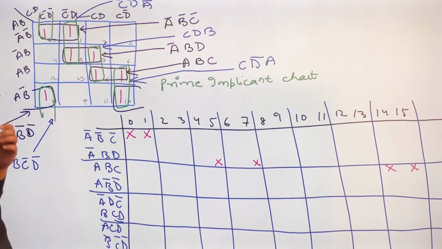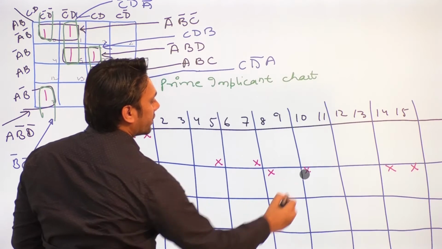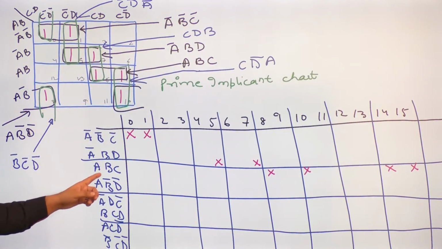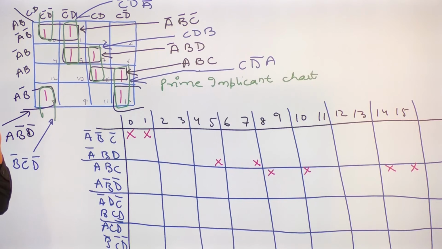Then we have A, B complement and D complement. This is covering the terms 8 and 10. Let me check again. We have A, B complement and D complement.